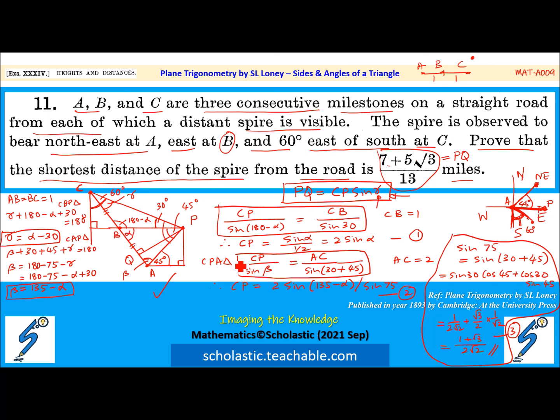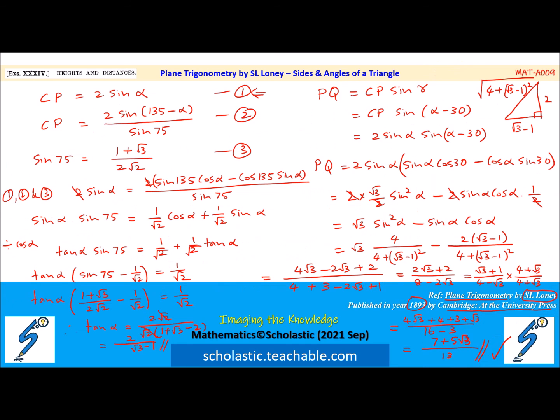Using those two equations we can get rid of unknowns, and also there is angle 75, sine 75. You can use the expansion theorem to find sine 75. And then once you have this intact, using these three formulae, you will be able to get rid of all the other unknowns and find tan alpha. This is very important in your theory.